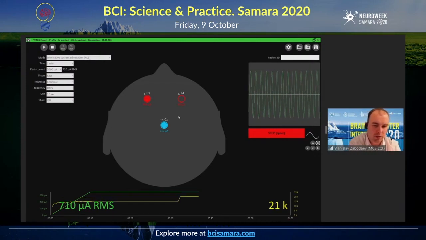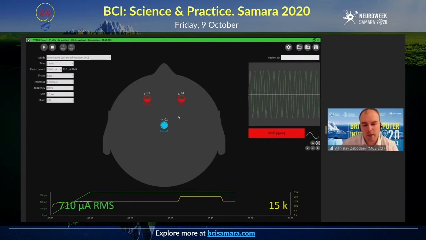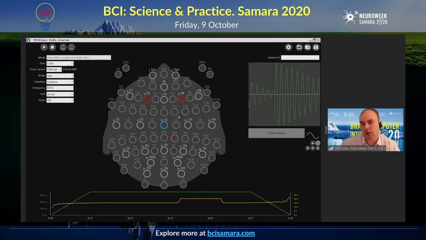See, I switch off the F4 electrode, so all of the current is going through CZ. But of course, during the procedure, we need to ensure that we have approximately the same current value in all of the electrodes. So the software is showing you an increase in the voltage, and the voltage value remained the same in accordance with the preset value.